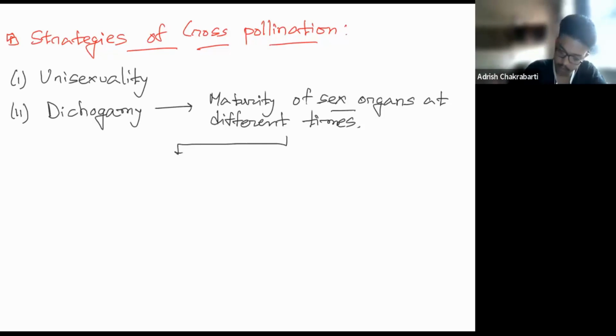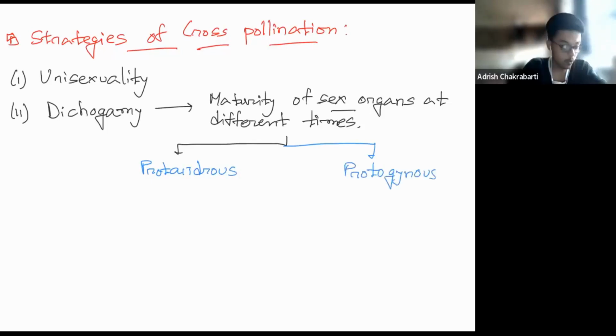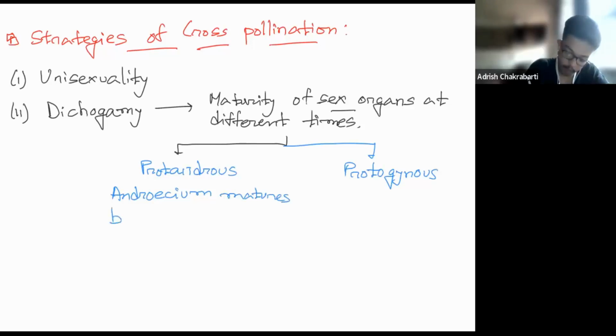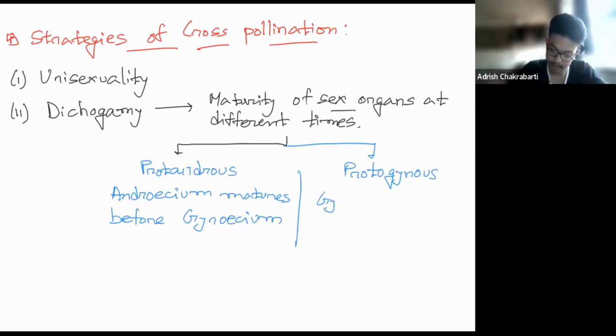So we have two conditions in terms of this. Let me just change the ink. Protoandrous. I think the term itself is self-explanatory. And protogynous. So in protoandrous, the androecium matures before the gynoecium, and protogynous is self-explanatory as well.